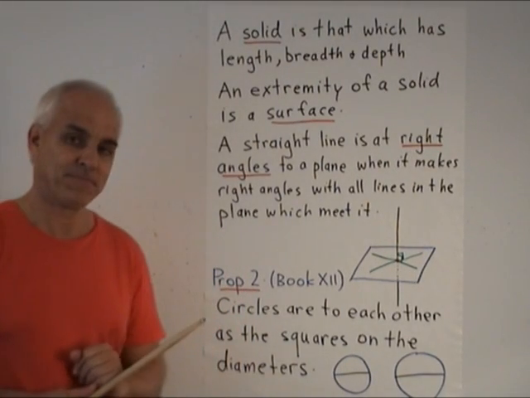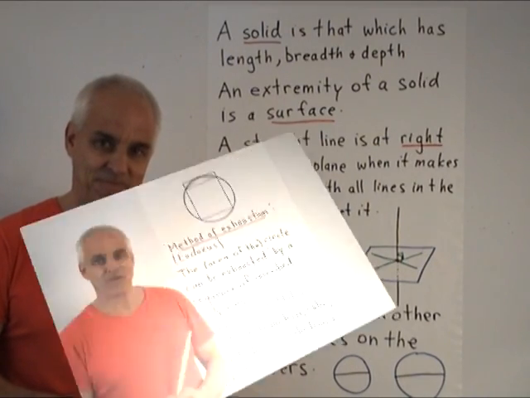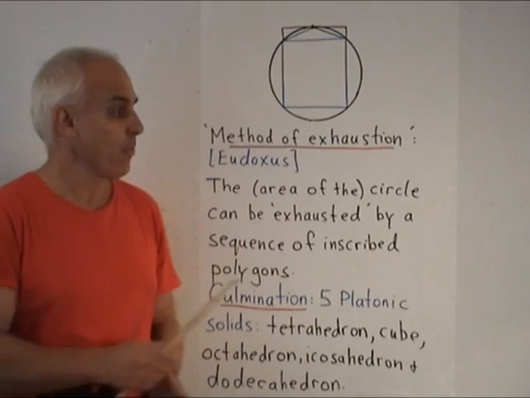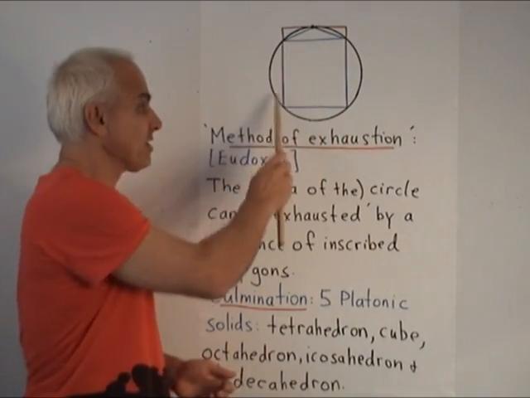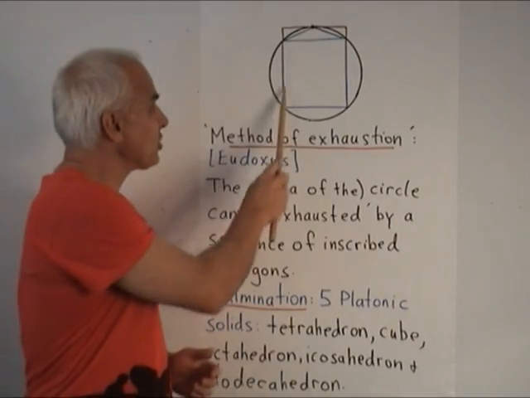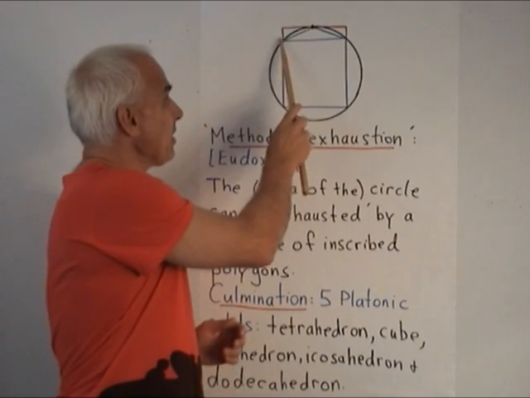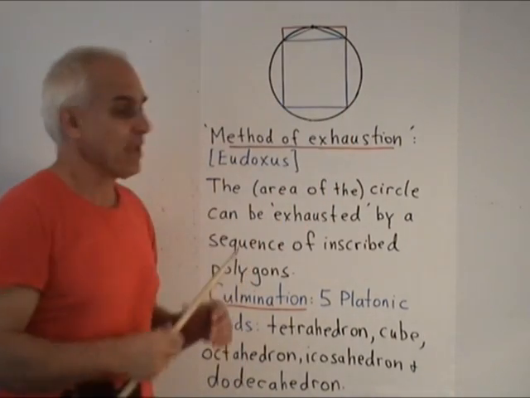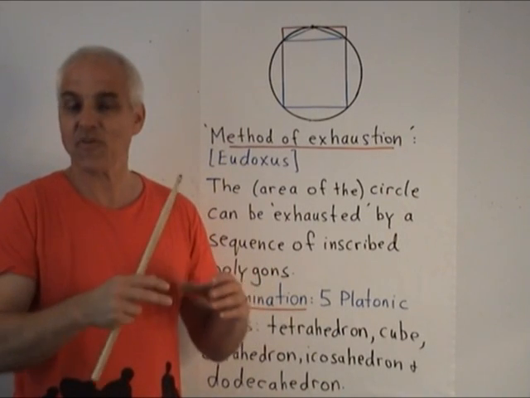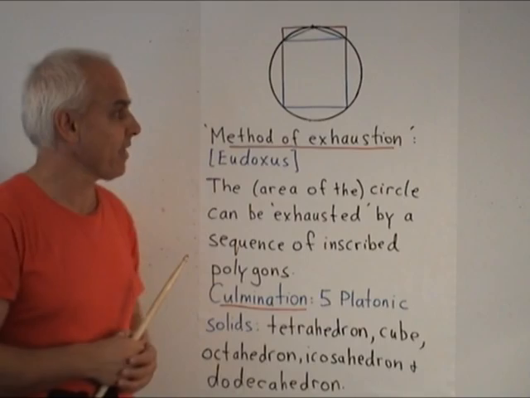How did he do it? He went back to his friend Eudoxus. Eudoxus had developed something called the theory of exhaustion, which is an approach to areas of, say, curved regions by inscribing polygons, and then in a sequence of steps approximating the area of the curved surface better and better by these inscribed polygons.